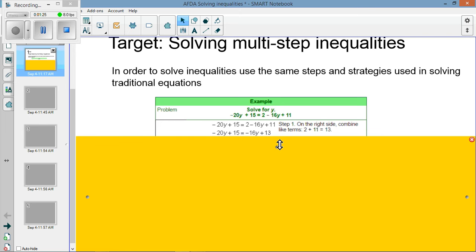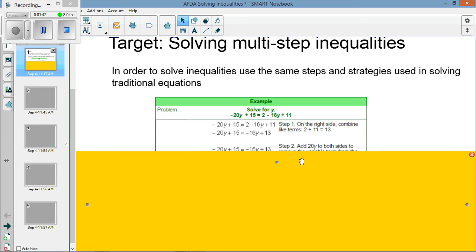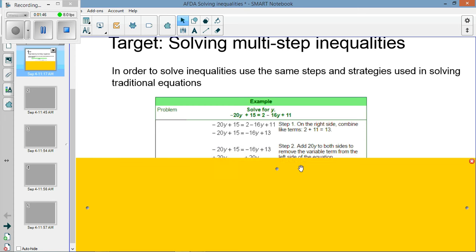So what we've done is we have combined the 2 and 11 on the right hand side to get 13. So now we have negative 20y plus 15 equals negative 16y plus 13. For our next step, we're going to add 20y to both sides.